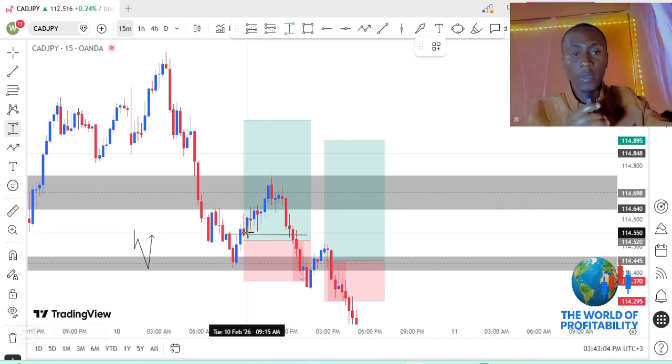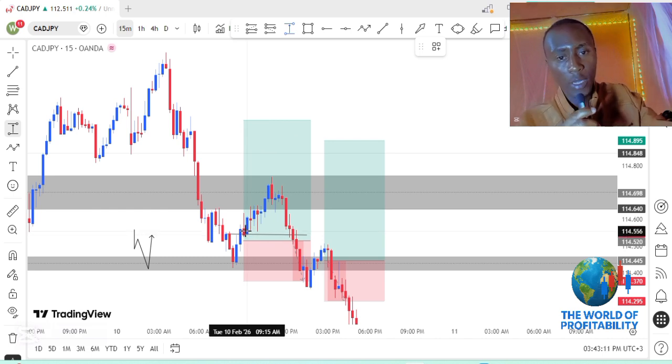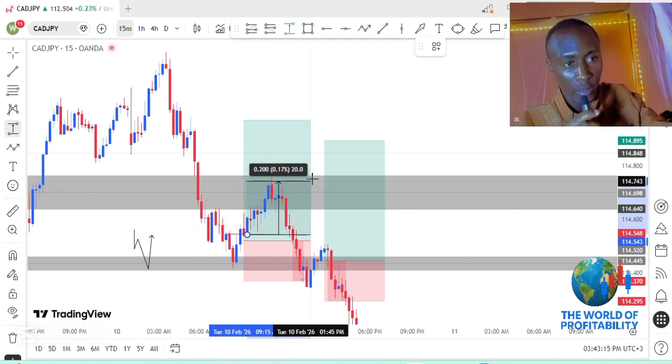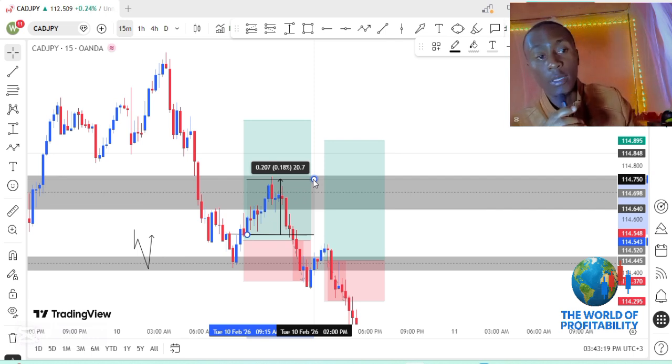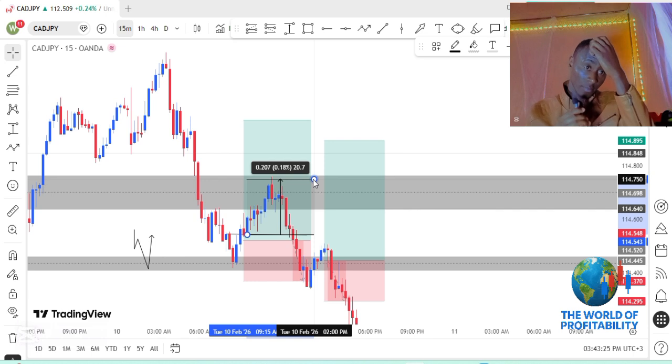It's because I set my break-even 20 pips away from the entry. If you measure 20 pips from the entry, this market did exactly 20 pips. So my setup would have ended at break-even, but these are the setups that we learn from, to avoid such mistakes in future.